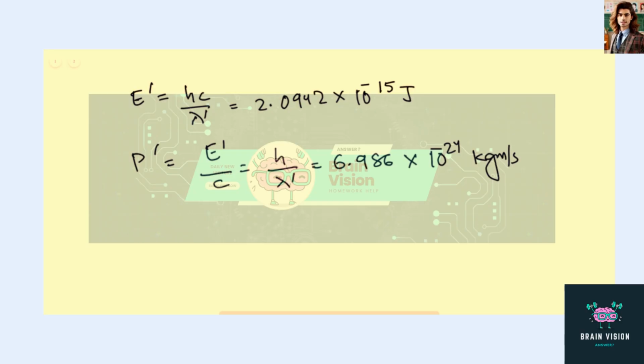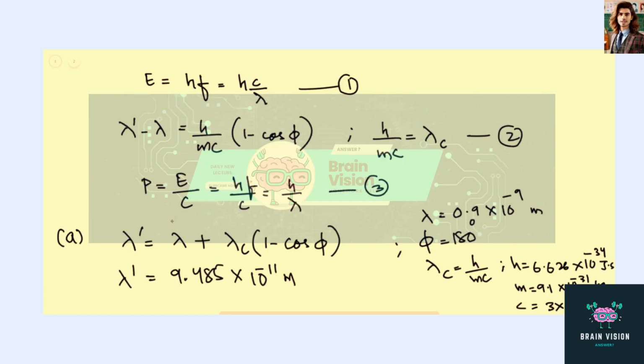So instead of finding E dash and then finding the momentum, you can directly find P dash by using the second part of the third equation. By the de Broglie wavelength equation, P is equal to h over lambda.